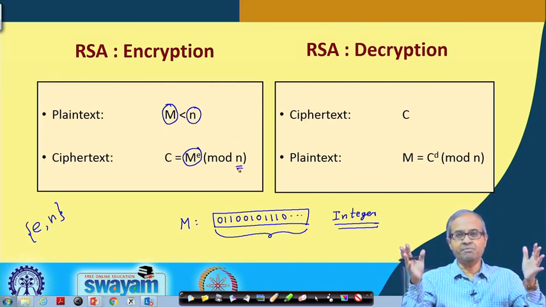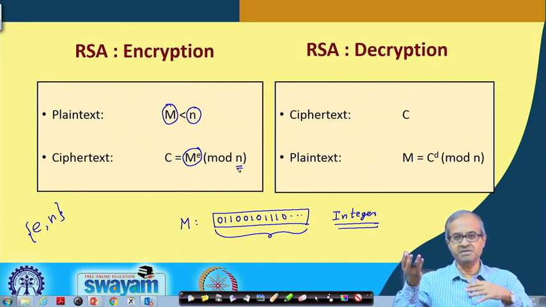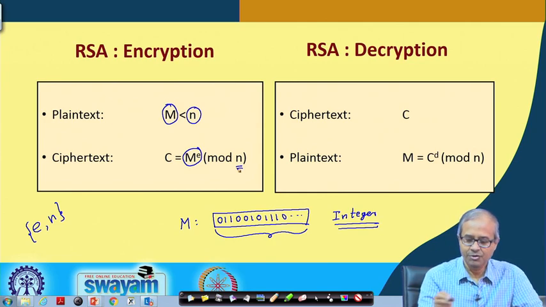So, a large number to the power of another large number. It is computationally quite involved. There are efficient algorithms to do this power computation, but still this is much slower as compared to DES or AES encryption.